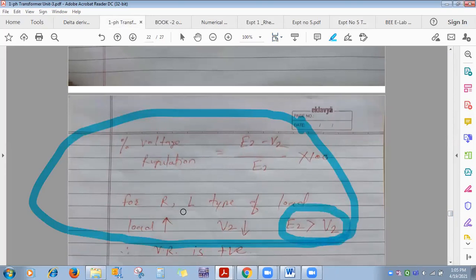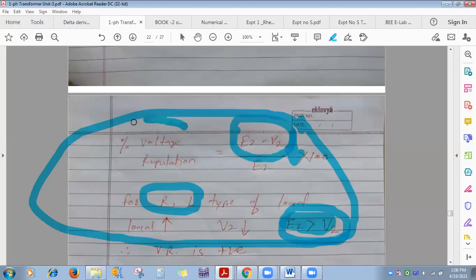This is the condition only for R and L type of load: resistive, inductive, series, parallel. You go on switching, V2 always decreases. So V2 is always less than E2. In this formula, if V2 is always less than E2, you will get positive voltage regulation.